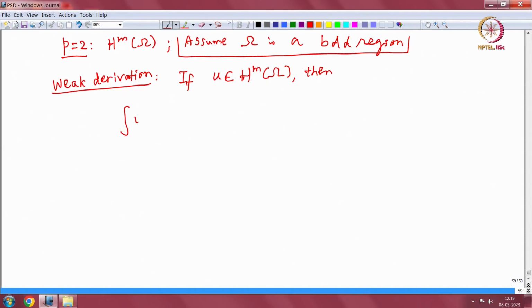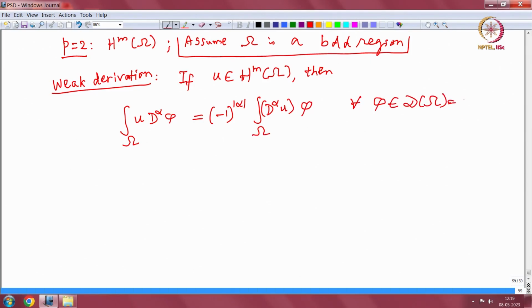So ∫ u D^α φ over Ω, and sometimes when Ω is fixed, I need not even write Ω here, holds for all φ in D(Ω).